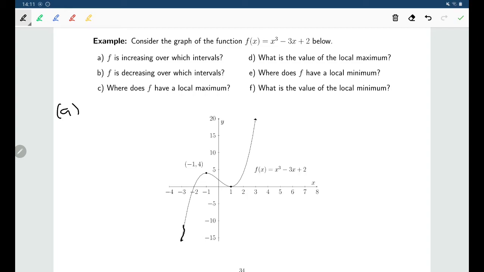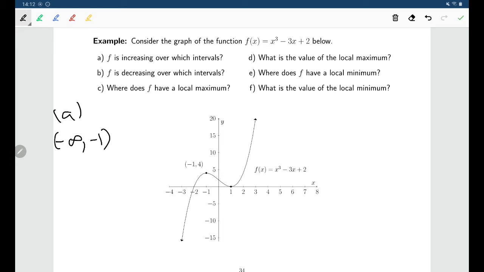Well, if we're looking from left to right, where are we going up? We're increasing until x value reaches negative 1, and then we'll increase after 1 as well. So there looks like two intervals where this graph is increasing. So you could say that it's increasing from the far left up to negative 1.